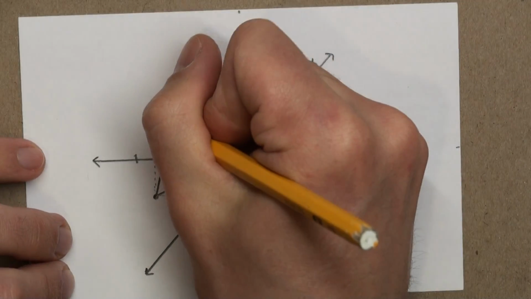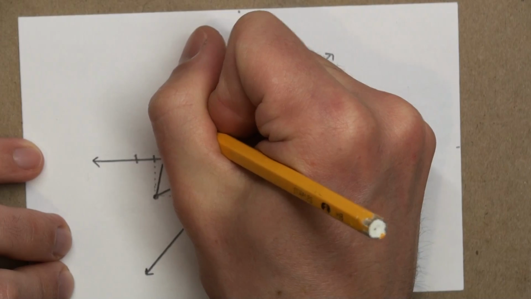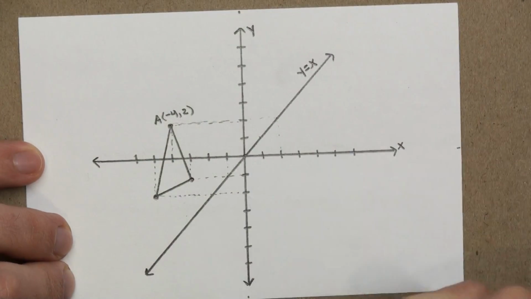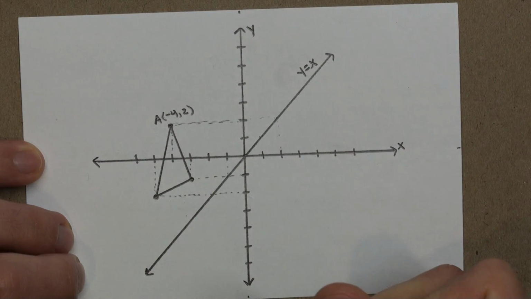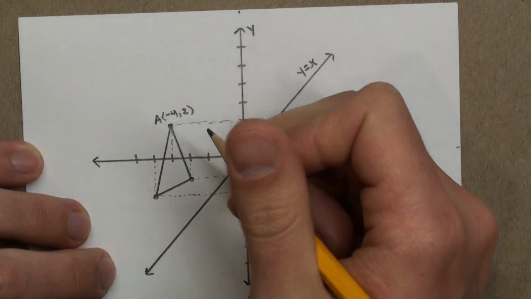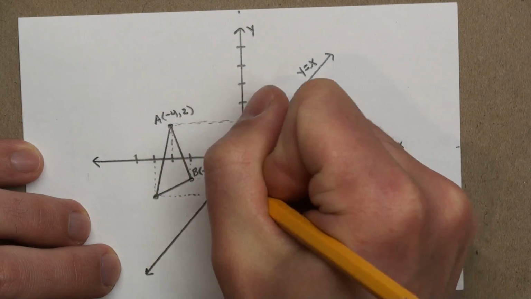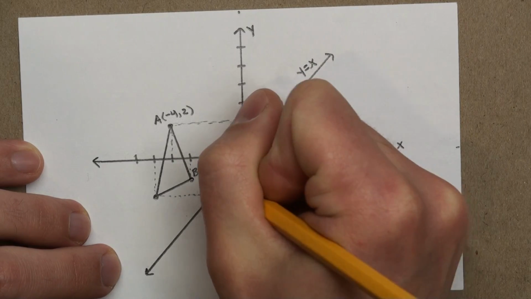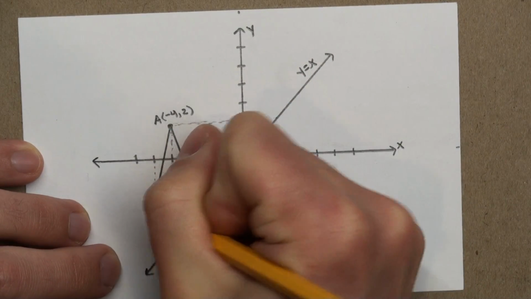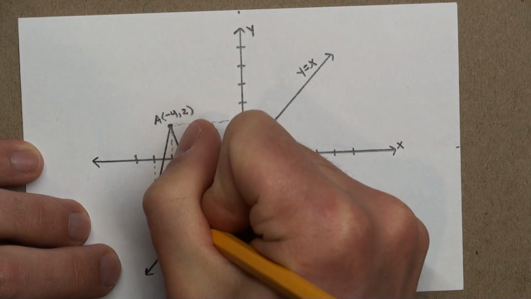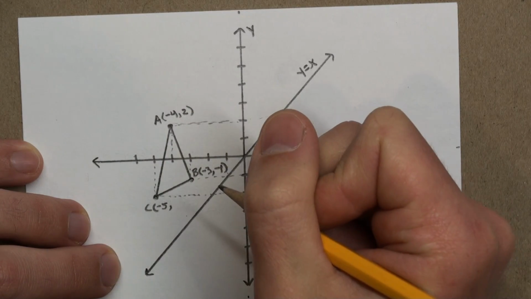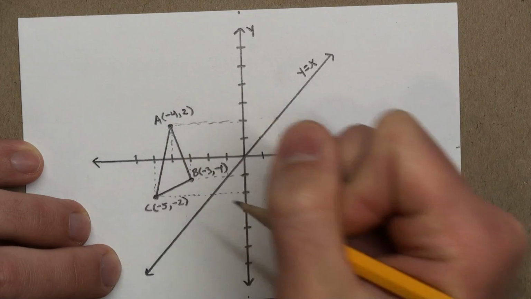So let's say this is point A, and we said this was -4, comma 2. Let's say B is -3, comma -1. And C is -5, comma -2.